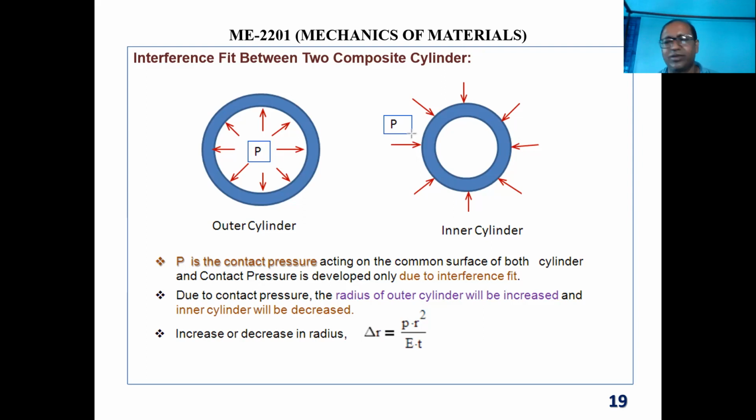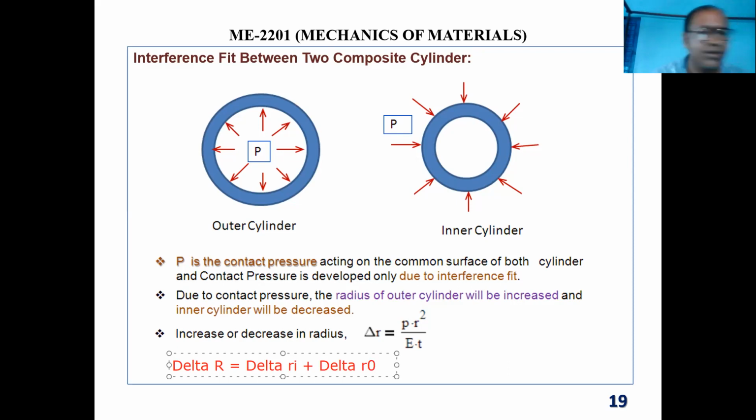How can we figure it out? Now you see, we found that the initial interference delta R equals delta Ri plus delta R naught.